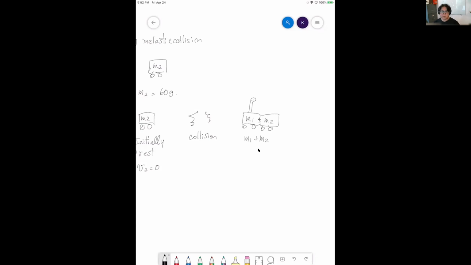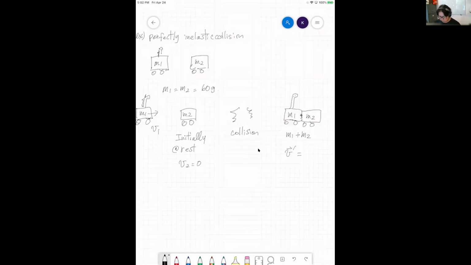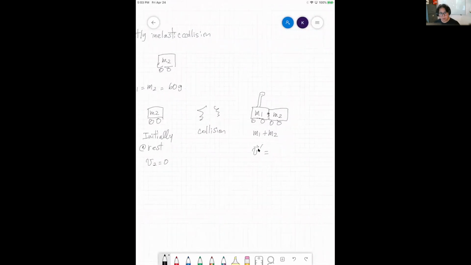So what happens to the velocity of the two if it's completely one-dimensional? You can apply conservation of momentum.